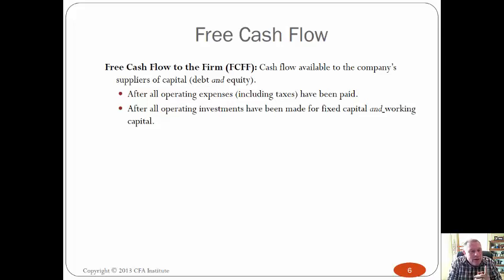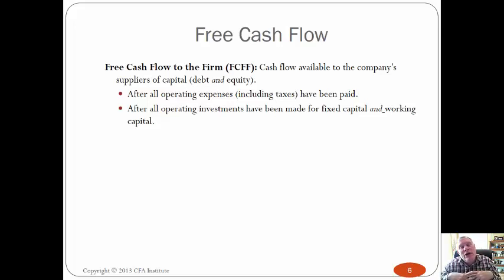Now, remember that operating expenses include interest expense. FCFF is not to be confused with simple free cash flow. This is a more refined number of the cash available to the company's suppliers of debt and equity.